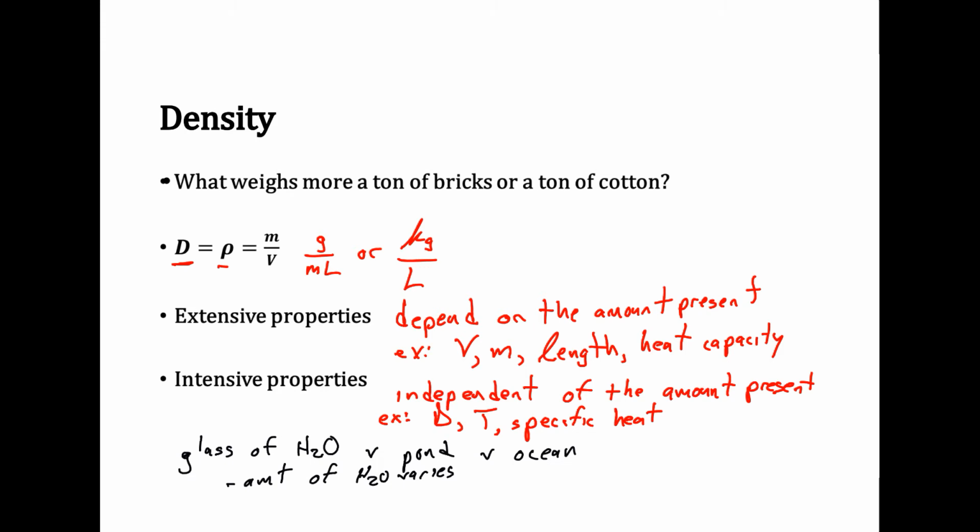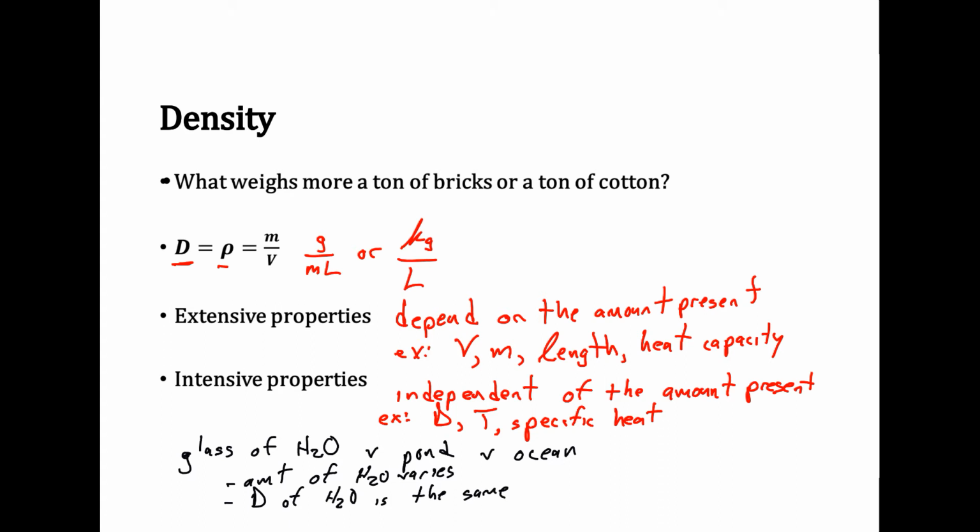Okay, shouldn't be surprising there. But what we could say is if this was pure water in the glass, the pond, and the ocean, so if we ignore solutes such as salt, what we'll see is the density of water is the same.